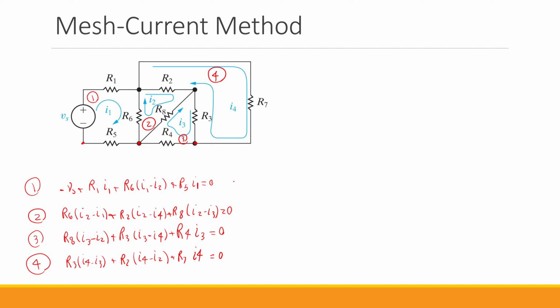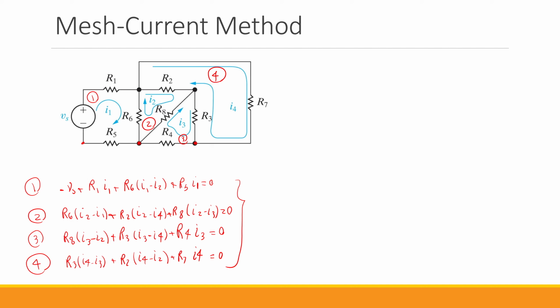So these are the 4 equations that we can write for this circuit, and they are completely independent. So if we know the value for the voltage source and the values for the resistors, we can find the values for the mesh currents. Of course, let's say you found the values for mesh currents I1, I2, I3, and I4.